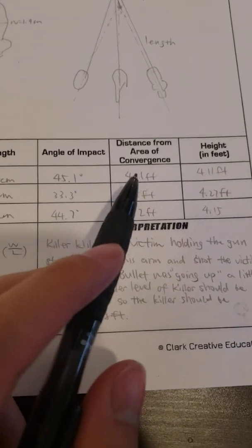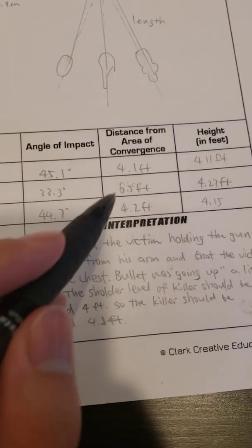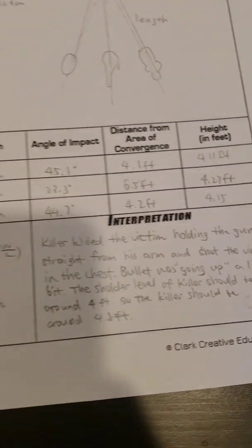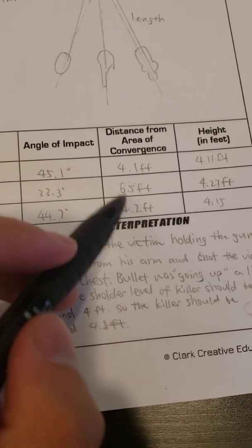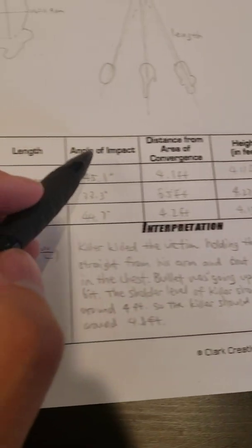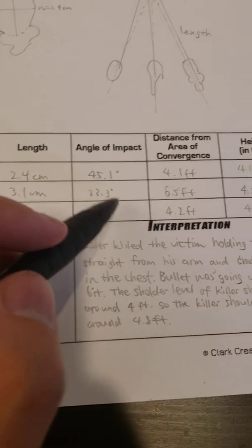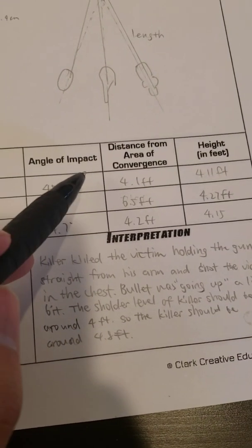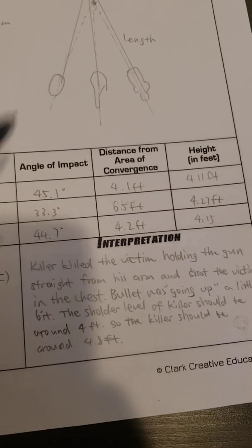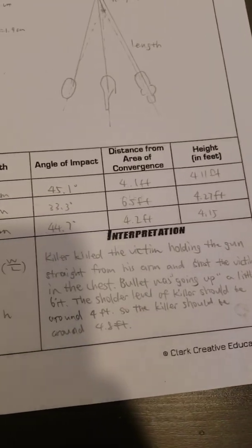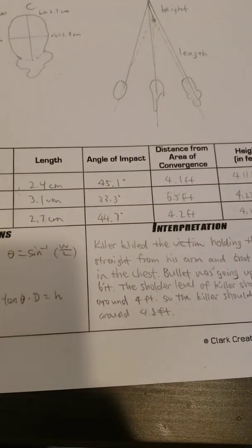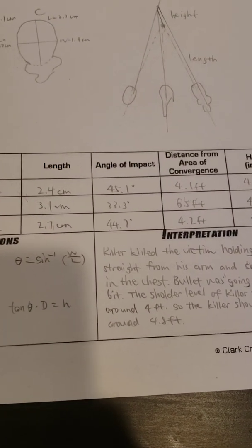So we can think about the distance from the area of convergence and compare it to the angle. The smaller the angle, it means the blood spatter traveled longer. To travel longer, it actually needs the bullet to shoot upwards so it can fly further away.